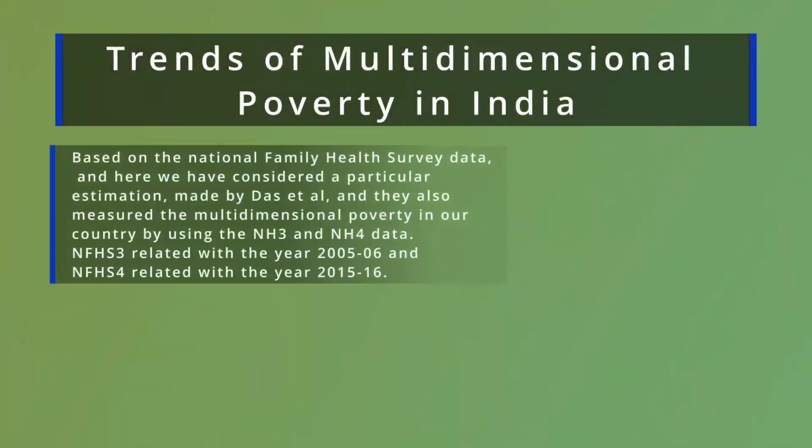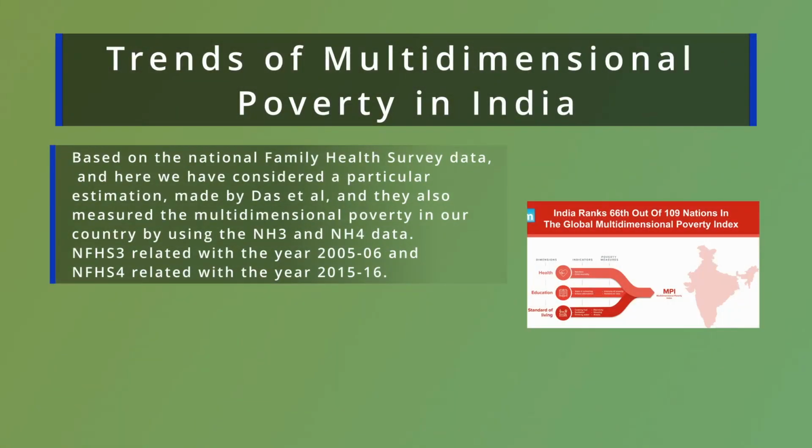Now we come to the trend of multidimensional poverty. That is, we are now analyzing the trend of the multidimensional poverty in our country. Actually, the measurement of the multidimensional poverty in our country is mainly based on the National Family Health Survey data. And here we have considered a particular estimation made by Das et al.